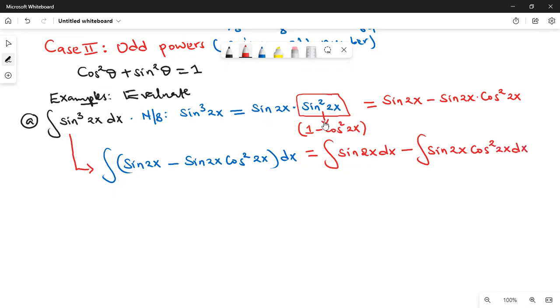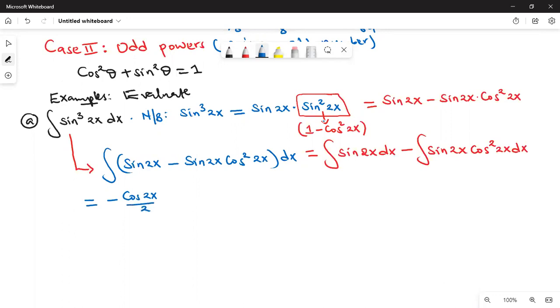Now, what do you get when you integrate sine 2x? Remember when you differentiate cosine, you get negative sine. So for you to get positive sine, you must differentiate negative of cosine. So our result of integrating sine 2x should be negative cosine of 2x divided by 2.